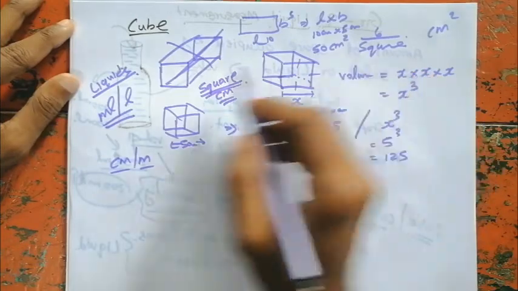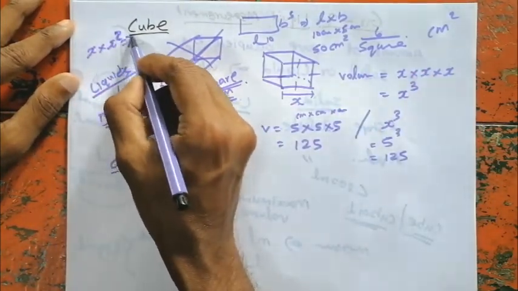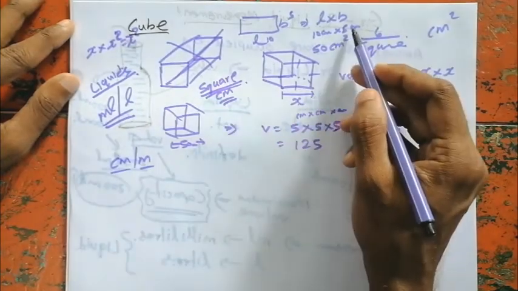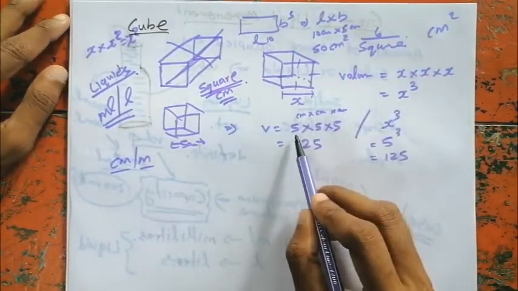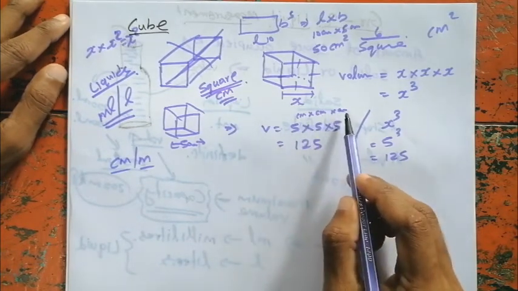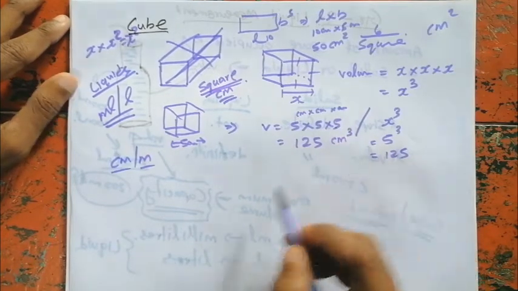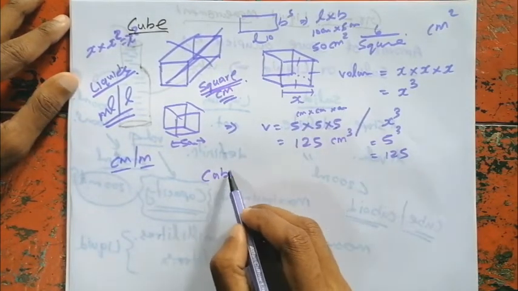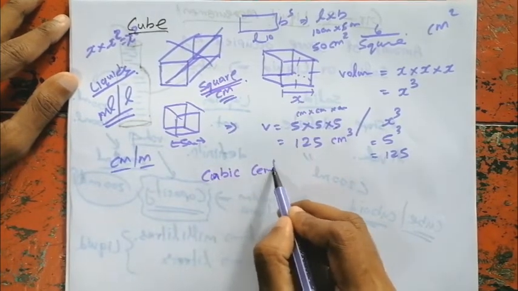So x into x is x squared, we know that. So centimeter into centimeter is centimeter square. Likewise, here we have 3 lengths, so we are multiplying 3 measurements. So finally, the measuring unit is called cubic centimeter.